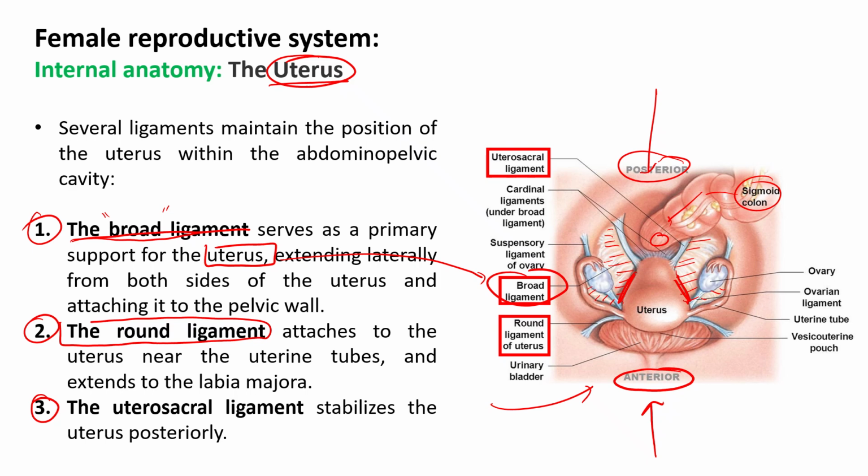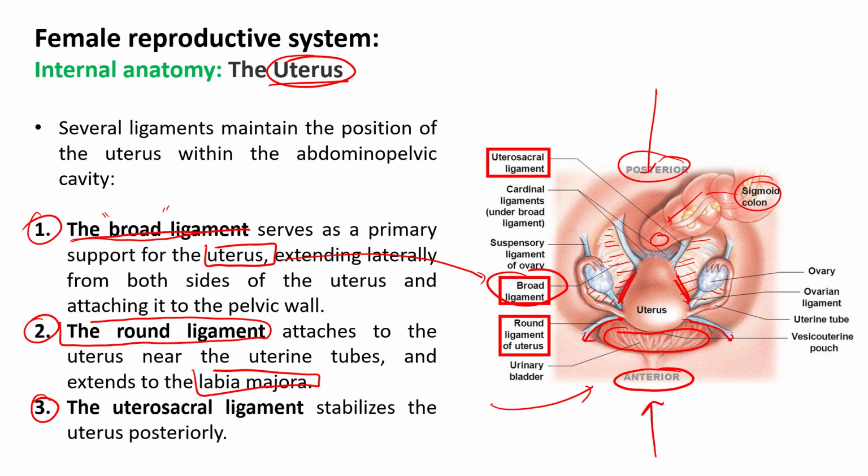Now, the bladder is below and in front of the uterus. So anteriorly, the round ligament is this ligament that anchors to the uterus and then anteriorly attaches to the labia majora. Okay, this is the round ligament.